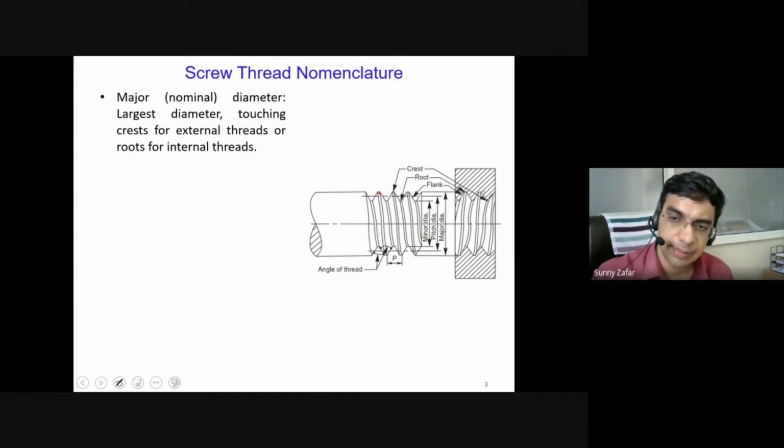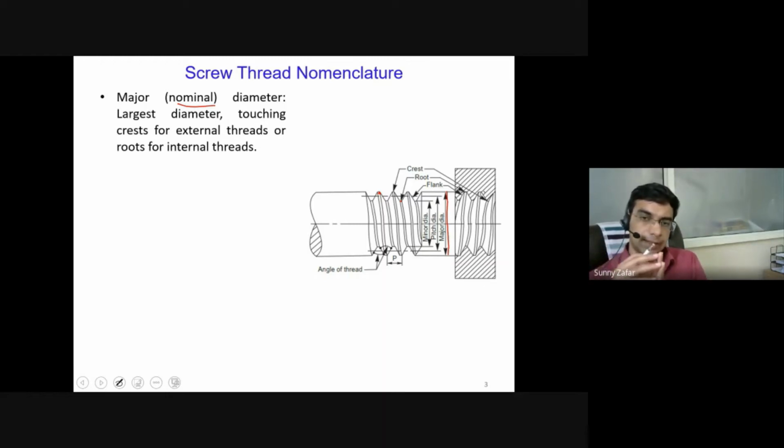This is so in the case of external threads, and in the internal threads the crest comes down. Then the root is the lowermost point where the thread ends, and in the internal threads it is on the opposite side. The nominal diameter is the largest diameter, meaning it is the diameter covering the crests of the subsequent threads.